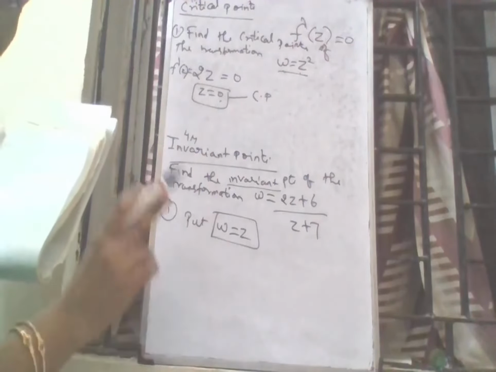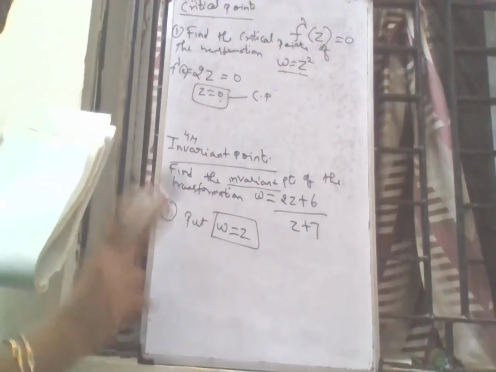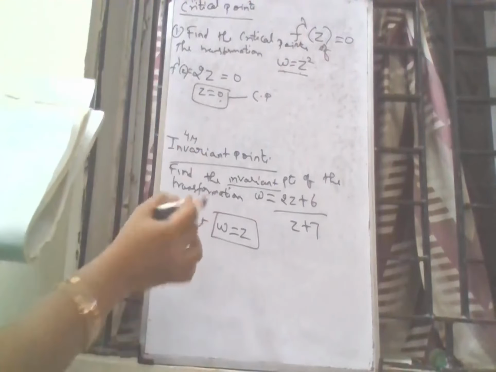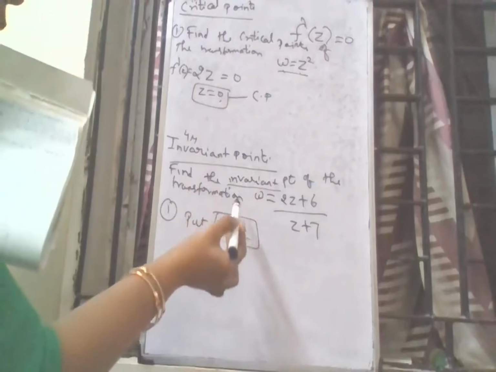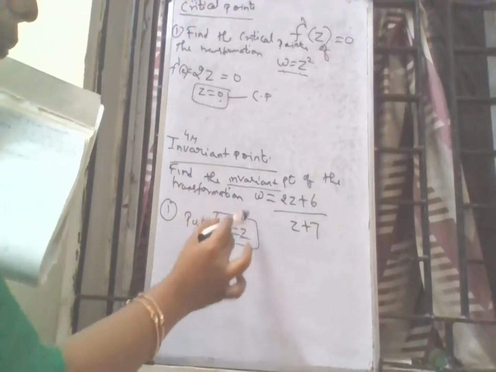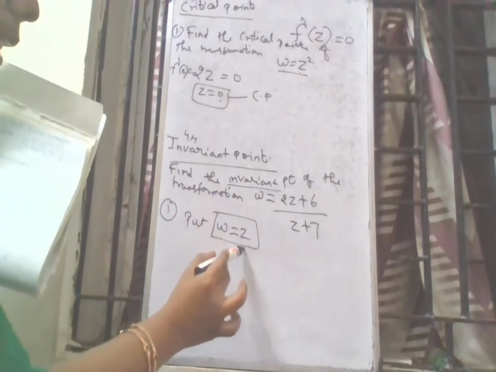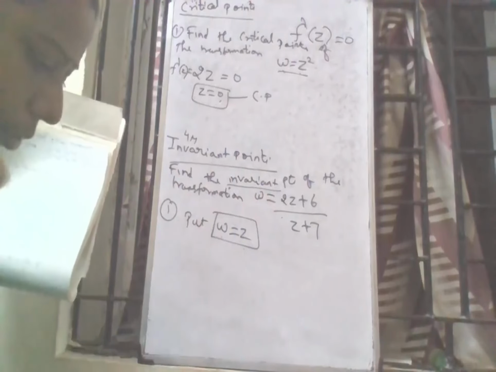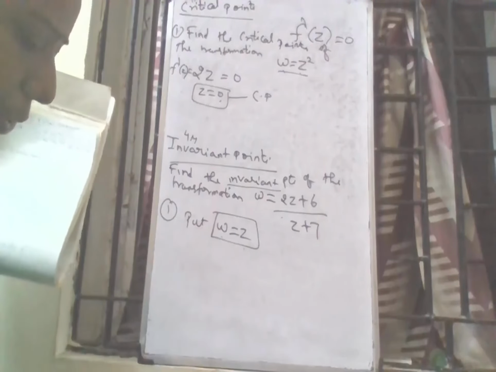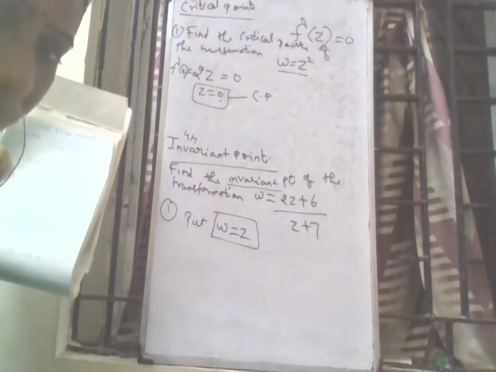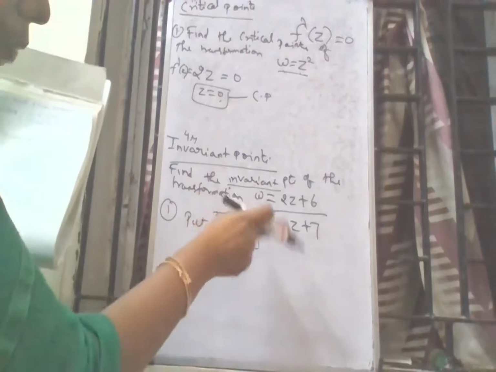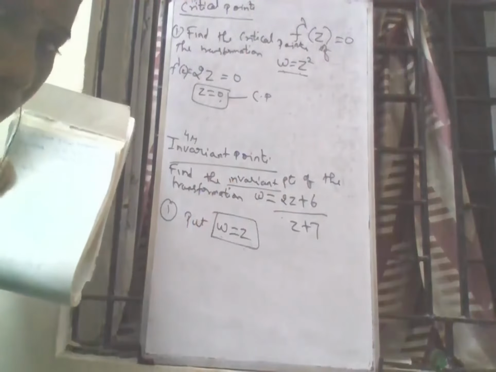So be careful, you should not commit any mistake in the answers. Always you have to substitute w as z in your transformation whenever invariant point comes. Followed or not?